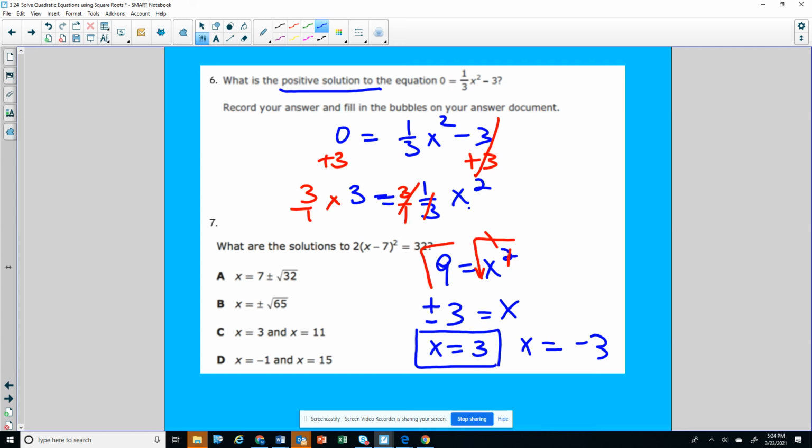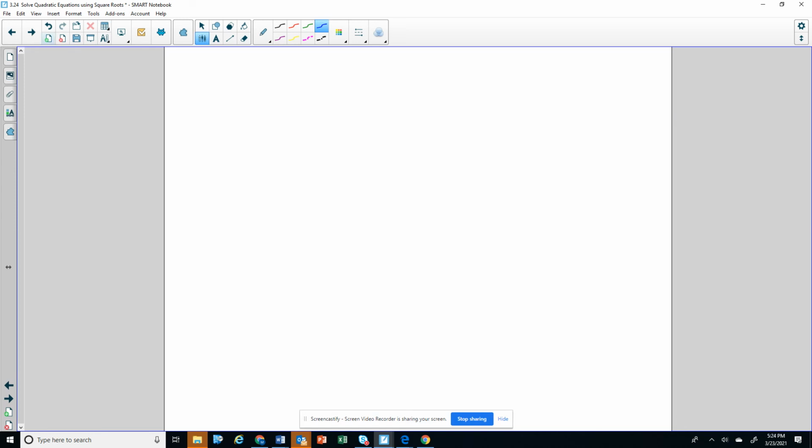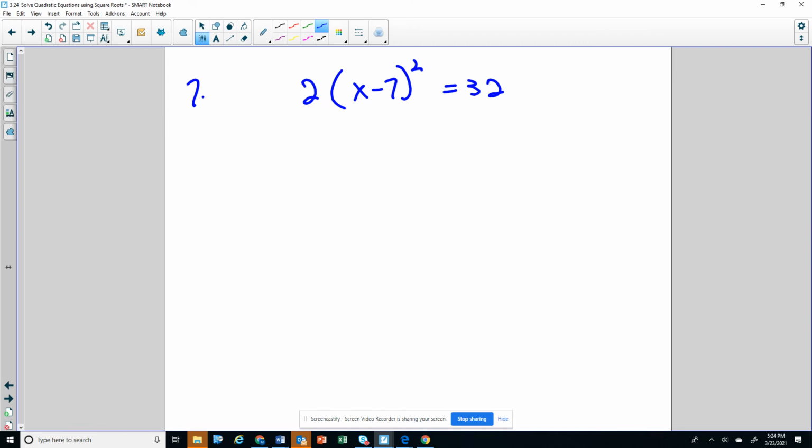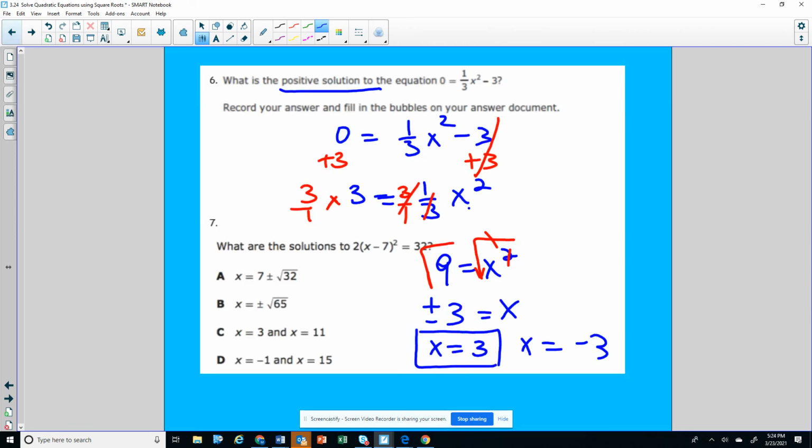Let's add another page. Number 7: 2 times x minus 7 squared is equal to 32. Let's see what the question asks you. What are the solutions?